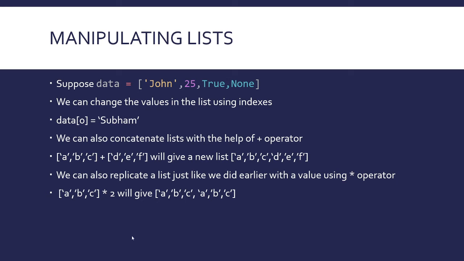If we replicate the list by 2, it will create a new list of the actual value, and it will append the new values after that. The new values will just be a copy of the actual list. So that is it for replicating lists.